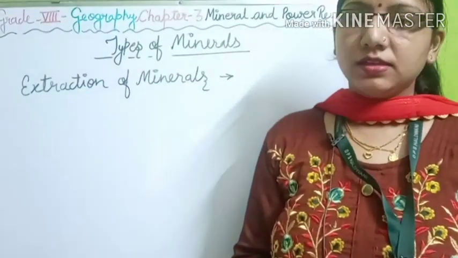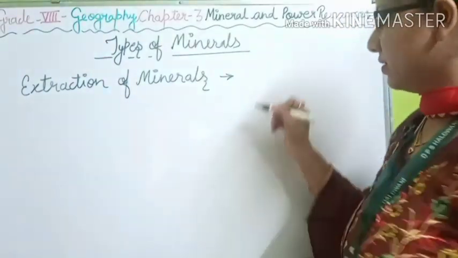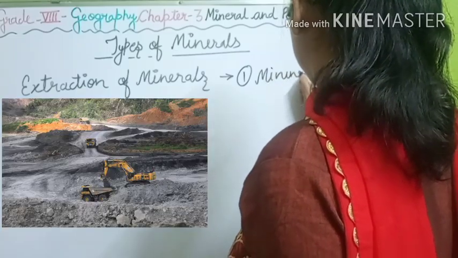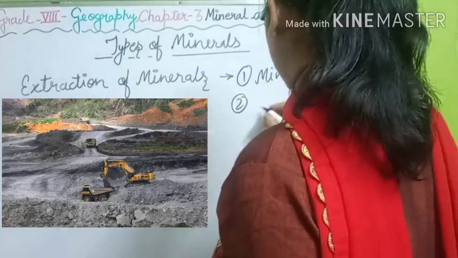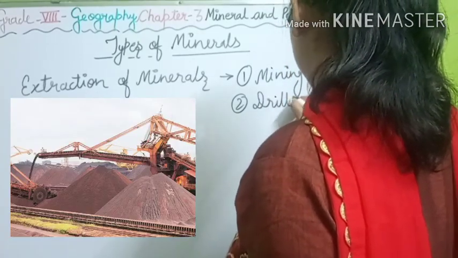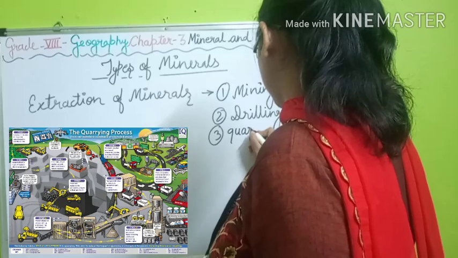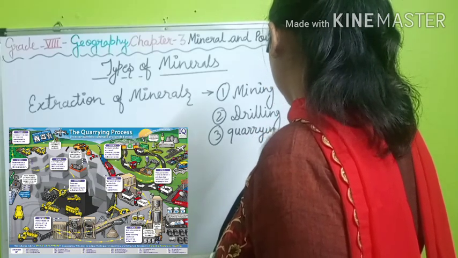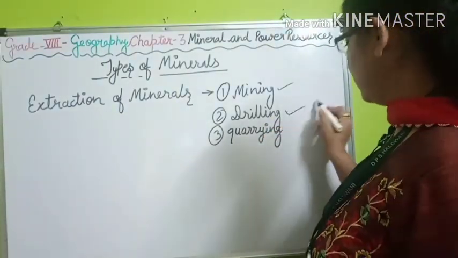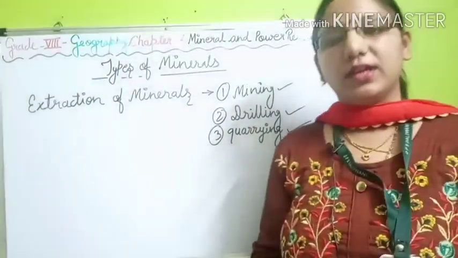First is mining, second is drilling, and the third is quarrying. So we will see what is mining, what is drilling, and what is quarrying. First of all, we will see what is mining.